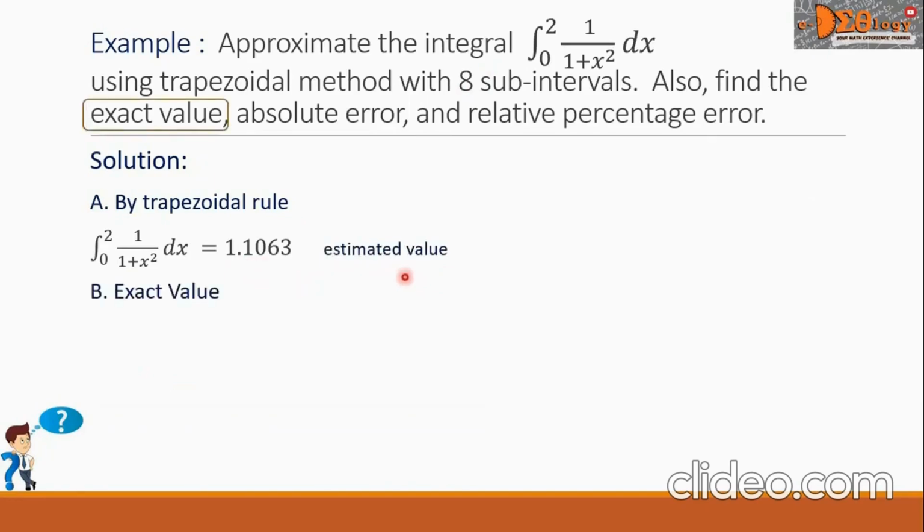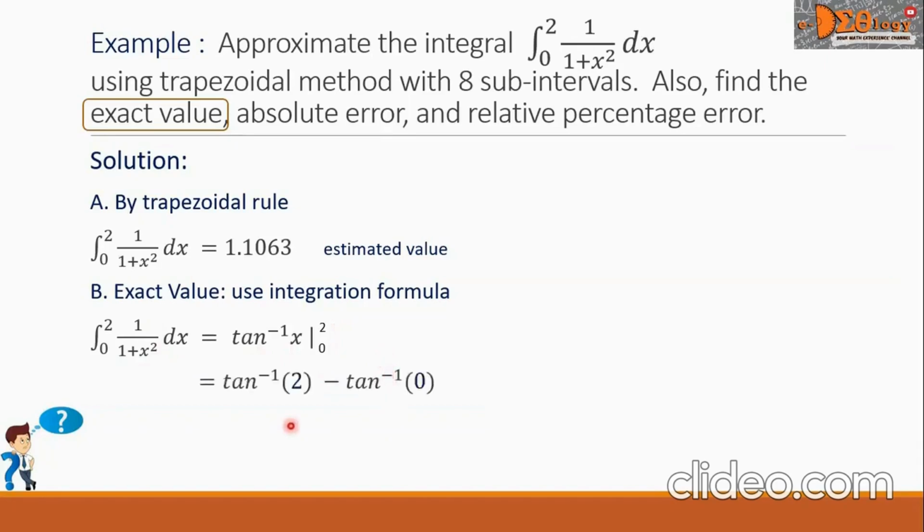Now we're going to get the exact value. In here, we're going to use the integration formula. The integral of 1 over 1 plus x squared dx is equal to the inverse tangent of x. And we are going to evaluate this with respect to the limits from 0 to 2. We can now substitute, and it becomes the inverse tangent of 2 minus the inverse tangent of 0.